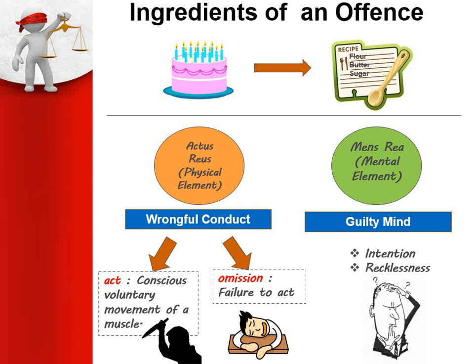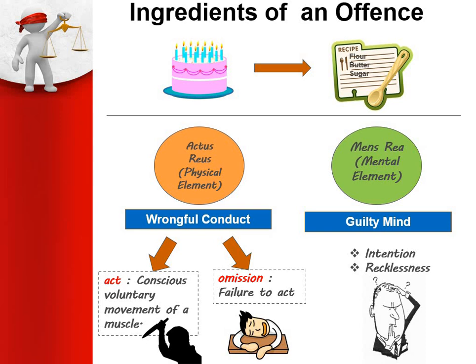So, the prosecution has to start a criminal trial by establishing that the defendant has committed the actus reus of an offence. Now, a wrongful conduct can either be an act or an omission. An act is a conscious, voluntary movement of a muscle.